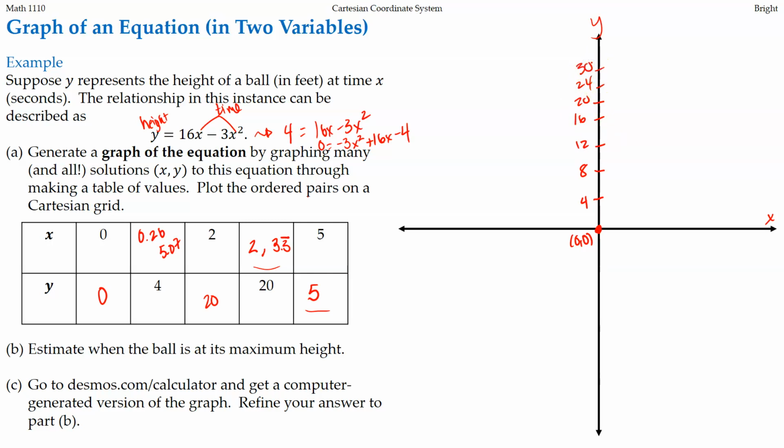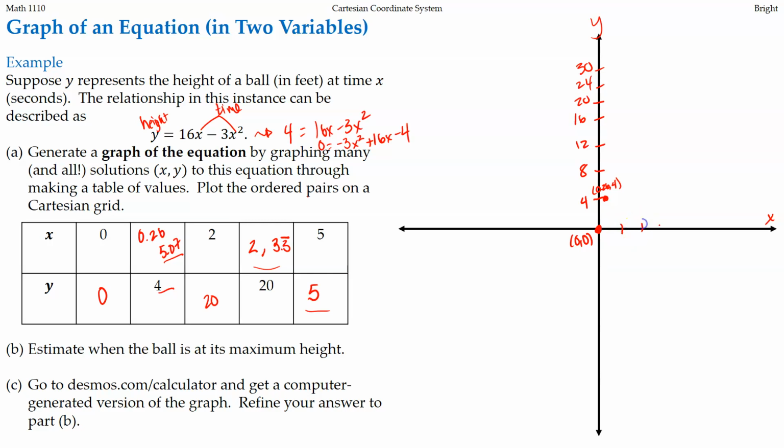When y is 4, I'm at roughly 0.26 for x. So 0.26 comma 4. And then I can also read this as, over at 5, I'm going to go over by 1s on the x-axis.